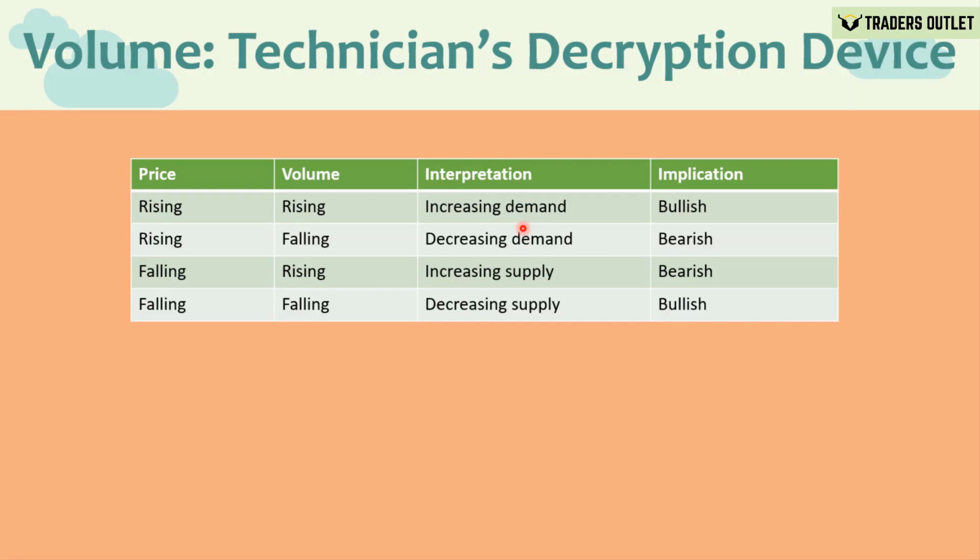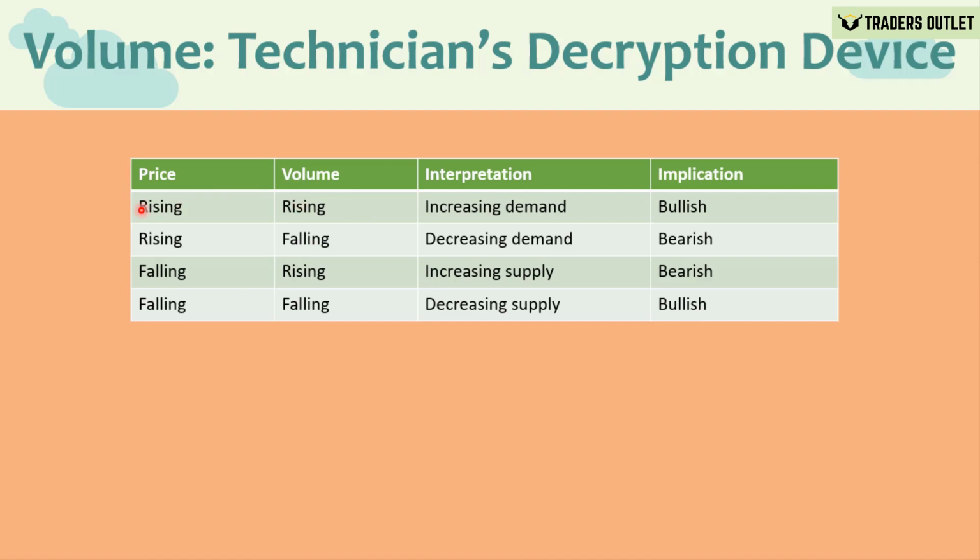So let's look at a very simple interpretation of how a technician or technical analyst can interpret and relate prices and volume. Consider a situation when prices are rising and volume also is rising. This is the first situation here.